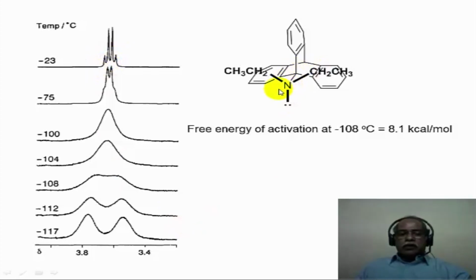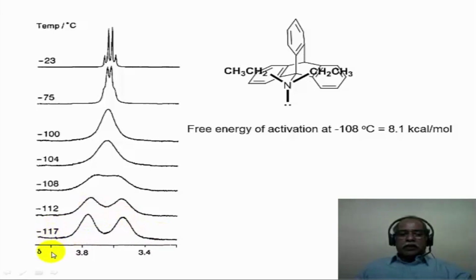When this molecule is in the frozen state, there are two conformations possible. The methylene group can be either in this position or in this position. So two different environments are seen for the methylene, shown by the two humps. The temperature is not low enough to completely freeze out the molecule, so you see broadening of the line.